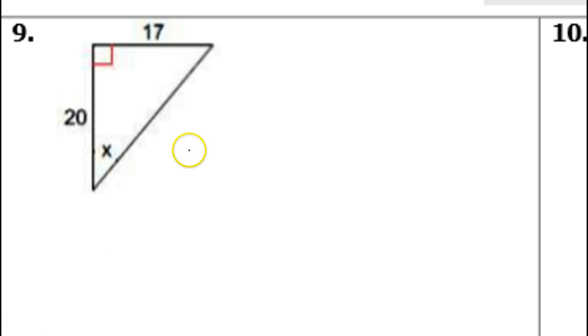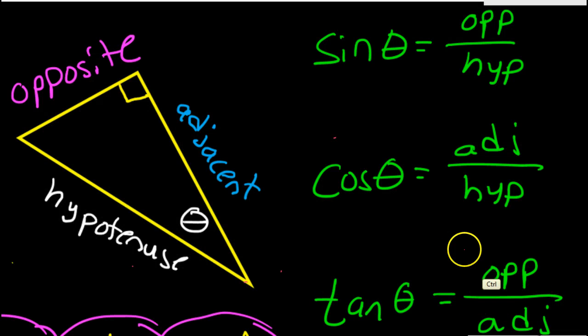Number 9, we have this angle that we're looking for, and then we have these two sides. Neither one of them is the hypotenuse, so this is the adjacent leg because it's right next to the angle, and this is the opposite leg because it is across from the angle. Opposite and adjacent, that is the tangent function, opposite over adjacent.